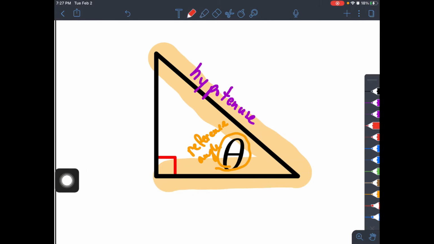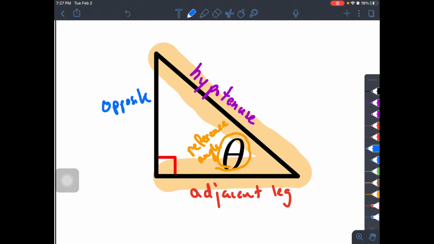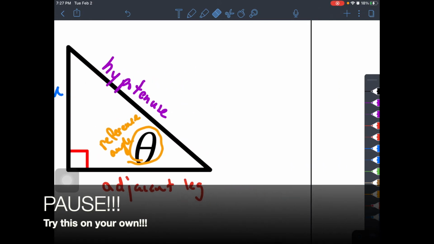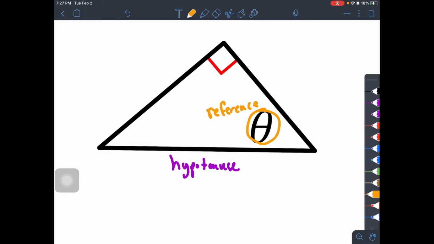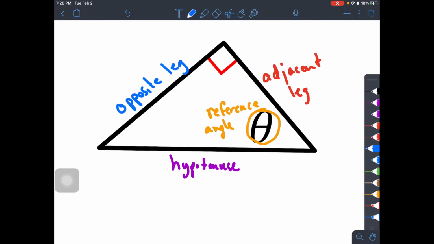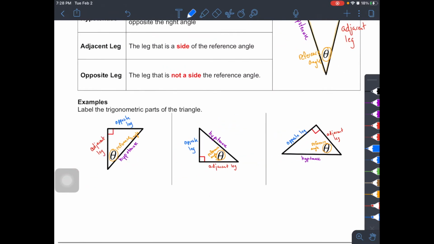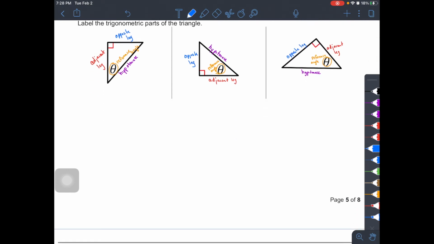That would be our adjacent leg then. The remaining leg then is our opposite leg. All right. So that's how we label the trigonometric parts of a right triangle.